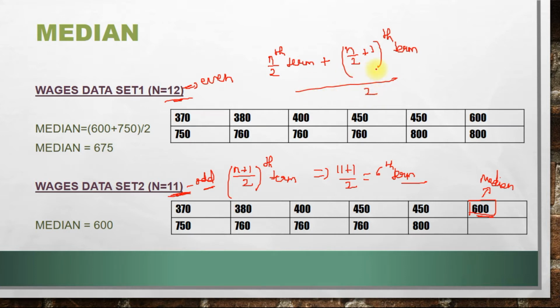So basically it is the average of the two middle terms. You might think that the formula is very complicated, but no need to worry. Simply, median is the average of the two middle terms in the case of an even number of observations.